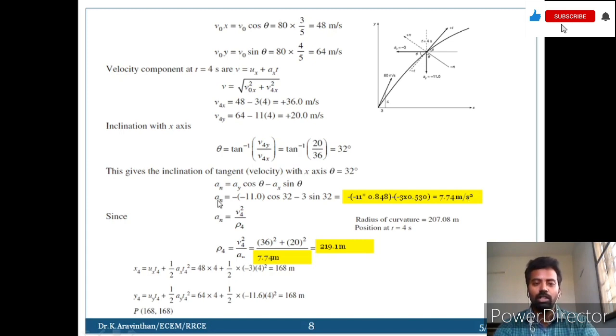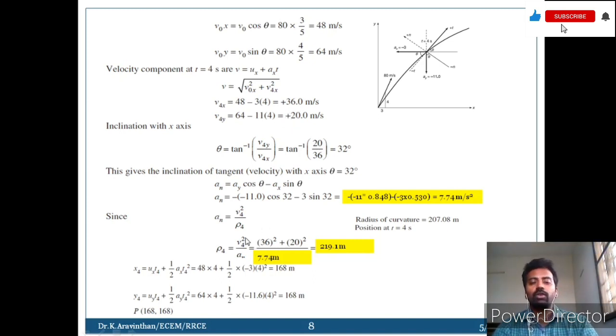So right now we got the normal acceleration, and if you need the radius, you can use the equation an equal to v square by rho. Here we know vx and vy at 4 seconds.